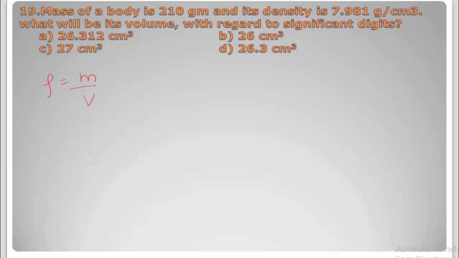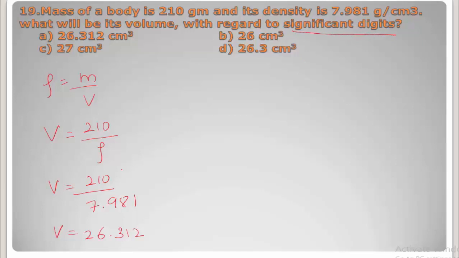Density is equal to mass by volume. So the given mass is 210 and volume we have to find. Volume is 210 divided by density. Density is 7.981. The answer for this is 26.312. But we have to write with respect to the significant digits.